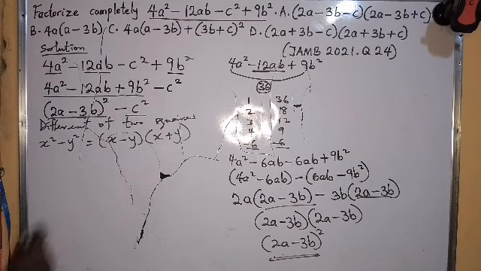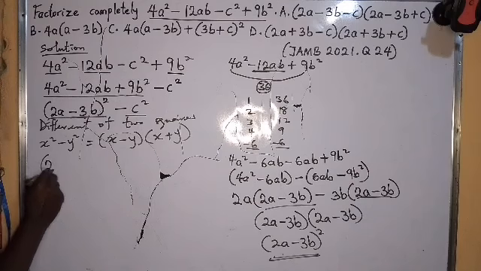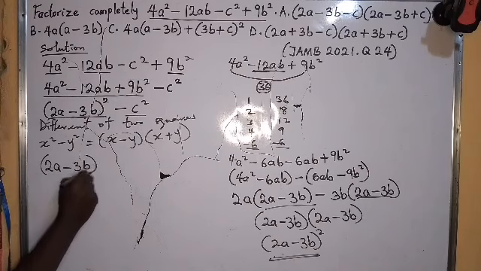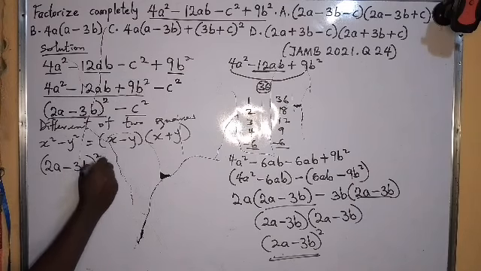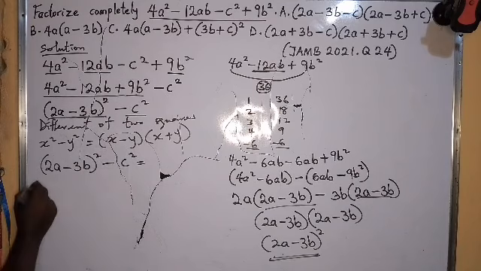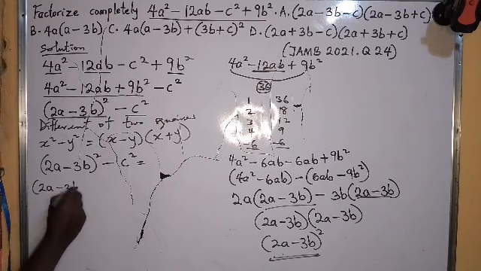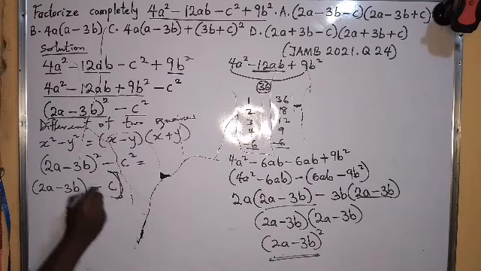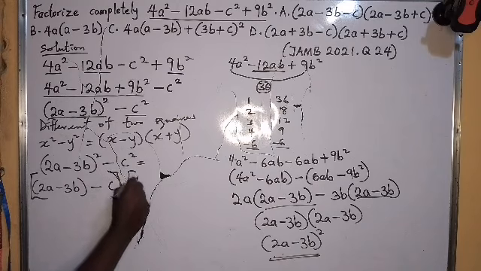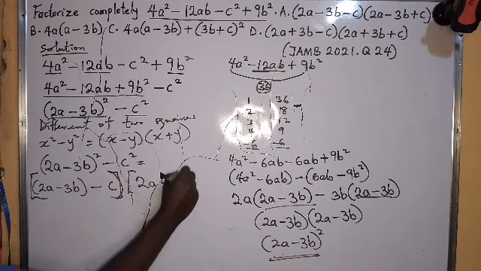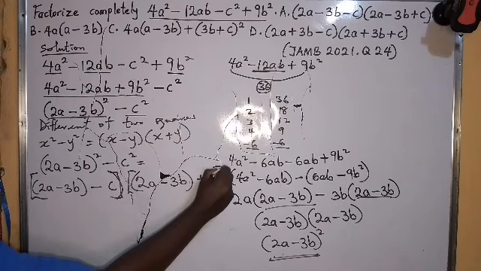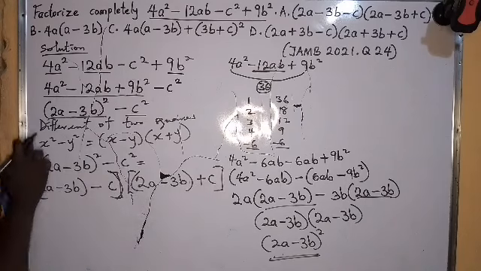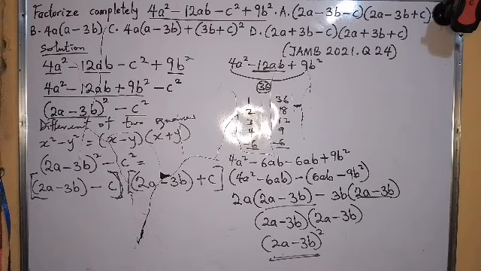Using the difference of two squares principle, 2a minus 3b all squared minus c squared will be equal to 2a minus 3b minus c in a big bracket, and then 2a minus 3b plus c. Just like x squared minus y squared is equal to x minus y, x plus y.